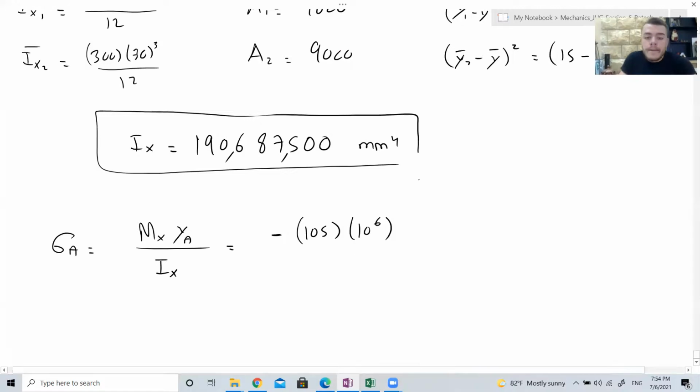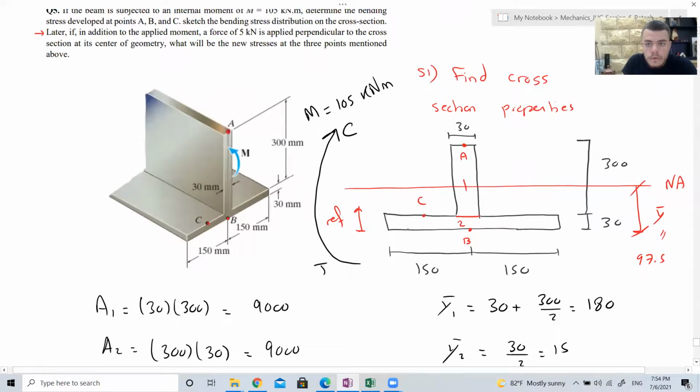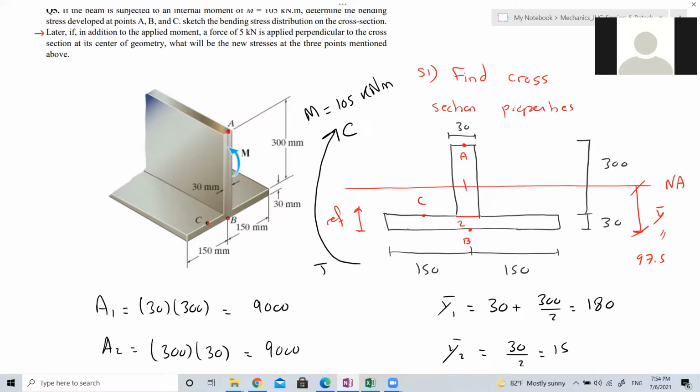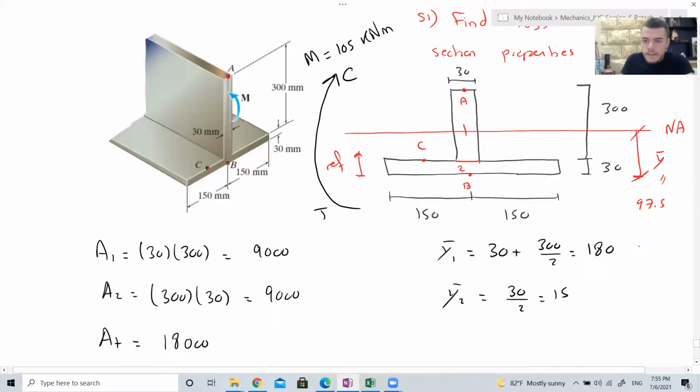What is YA? YA is the whole thing, so 330, right? No, my dear Mohammad. The Y is the vertical distance between the point and the neutral axis. Oh, so we subtract from the y bar.